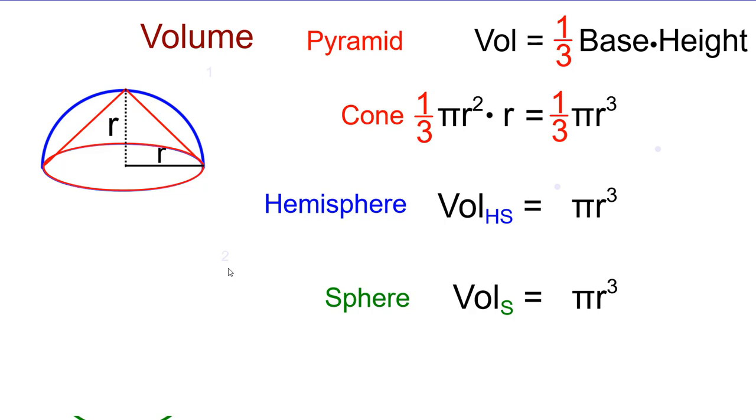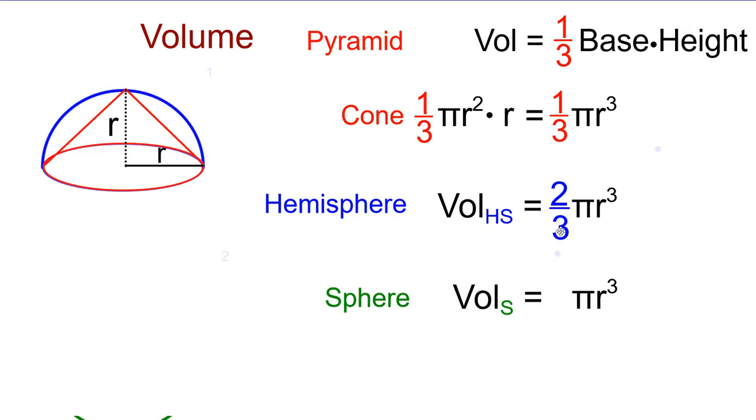What do you think that ratio or scale factor might be? What's interesting is it's exactly twice. The hemisphere is going to be twice as big as the volume of the cone, which is pretty interesting. So the volume of the hemisphere is going to be 2/3 pi r cubed.